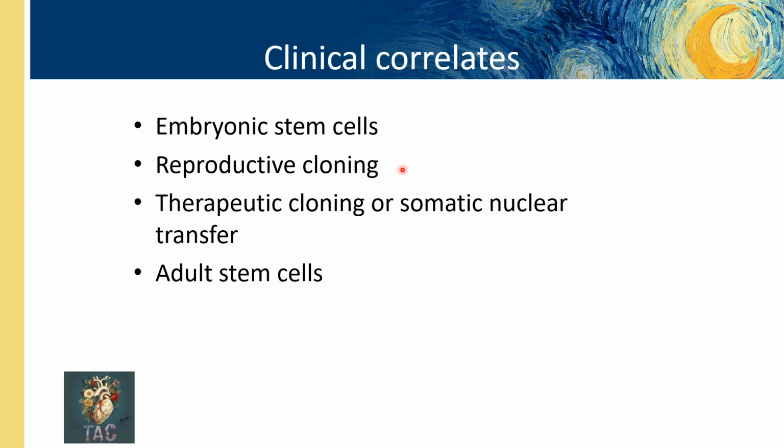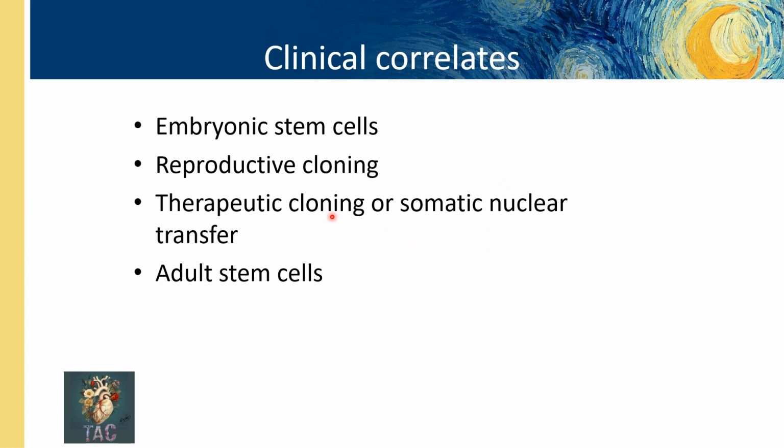So to overcome these problems, the next new approach is therapeutic cloning, or somatic cell nuclear transfer. In this approach, cells from the skin are taken, and these cells are then fused with an enucleated oocyte, and this oocyte is then stimulated to divide and form the blastocyst.